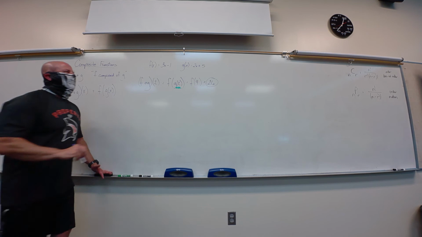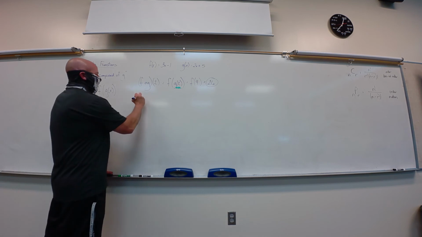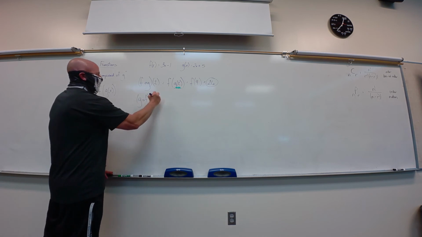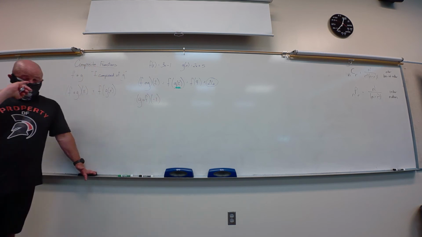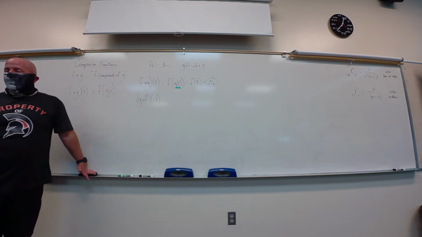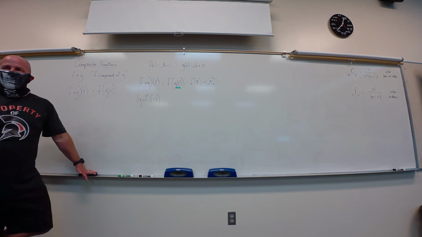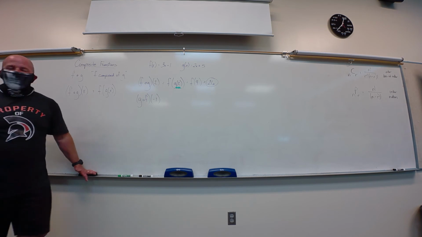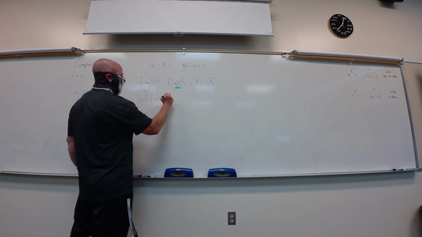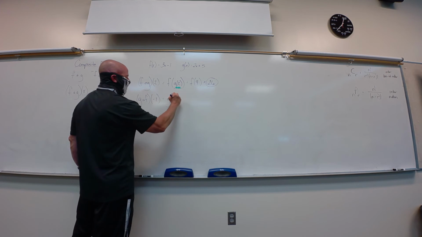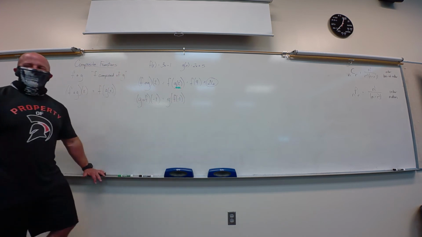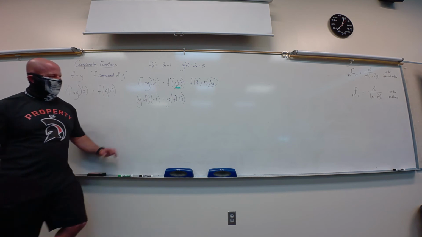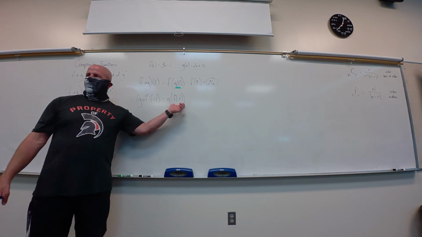Let's get a different number here. Let's go g composed of f of negative 1. Again, doesn't matter which letter's first. I'm going to do my rewrite, which would be g of f of negative 1. And you can think of it as order of operations. I'm supposed to do parentheses first, so I'm going to go to the inside.